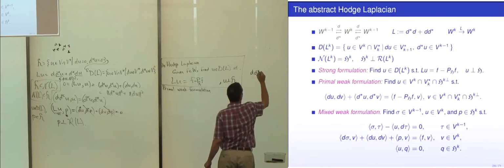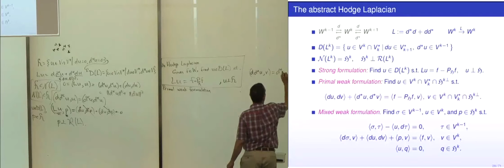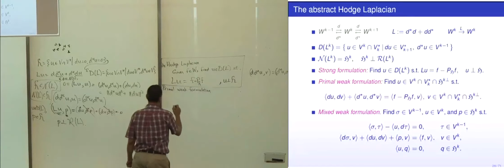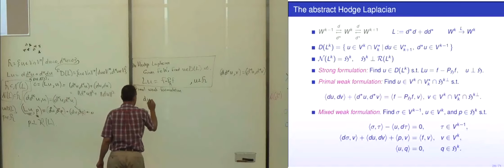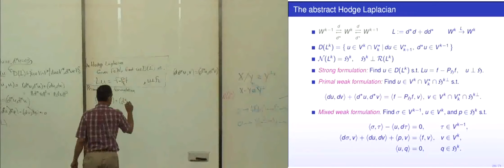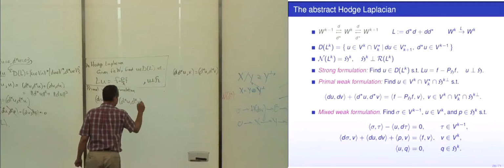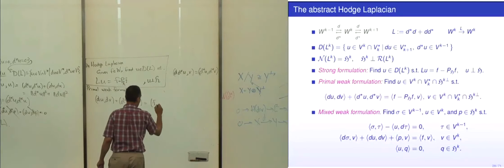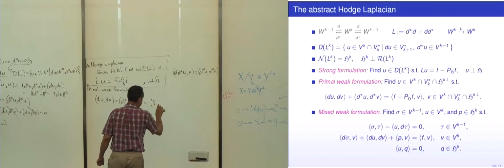If I take dd star u, v, this I write as d star u, d star v. And similarly, when I reverse the orders. So I'm going to get du, dv plus d star u, d star v should equal f minus PHf, v.